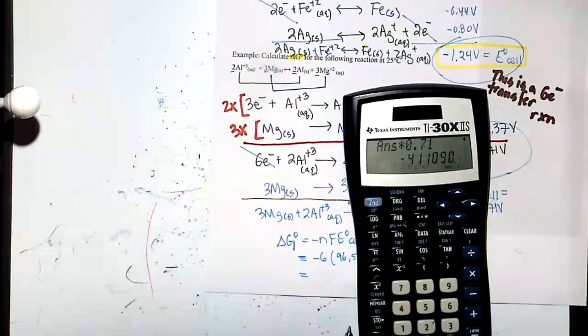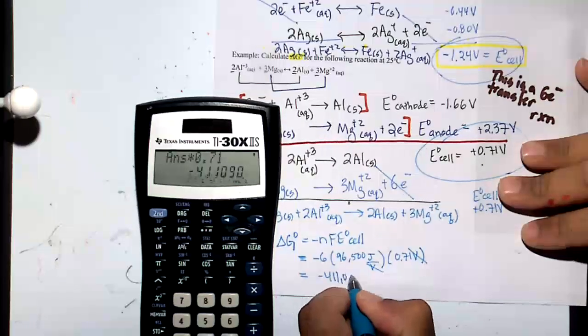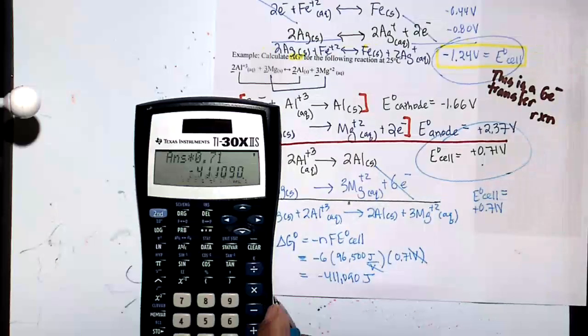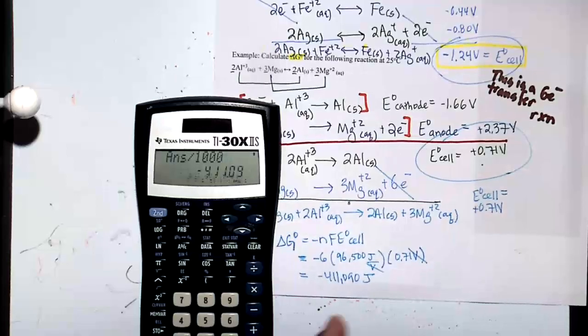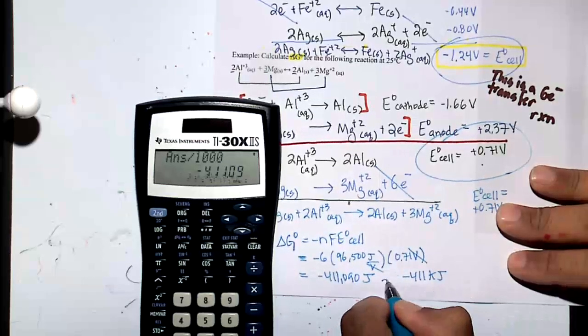This is minus 411,000 joules. This is the answer. Now you can divide it by 1,000 and get minus 411 kilojoules. It doesn't matter.